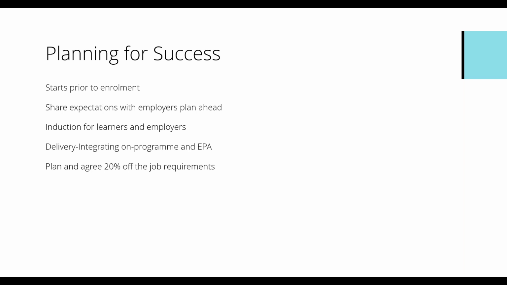Think about the integration of on-programme qualifications or on-programme training and how that links to endpoint assessment. So utilise the different guidance documents for endpoint assessment and start making those links early on within your curriculum planning.